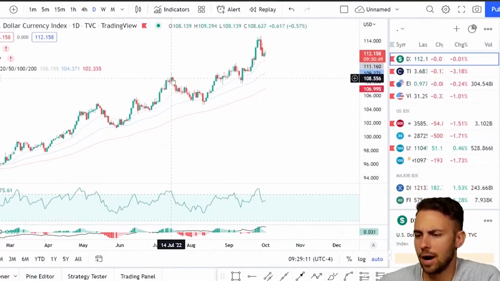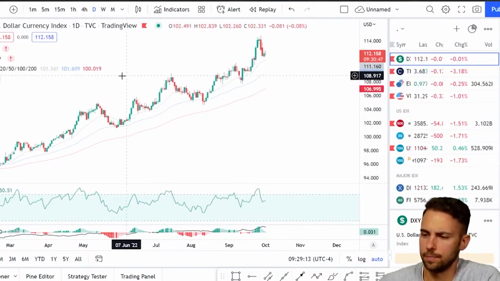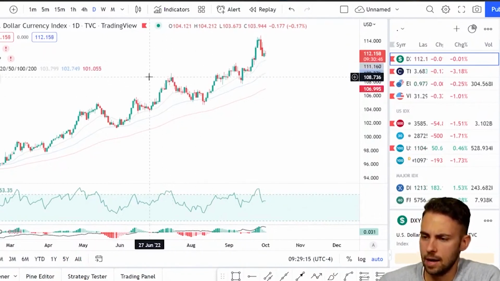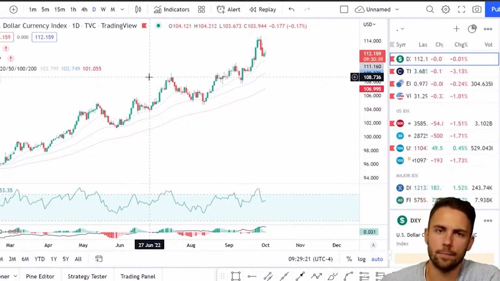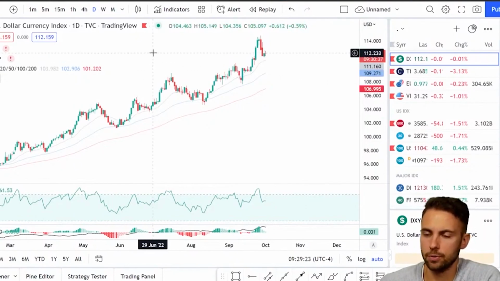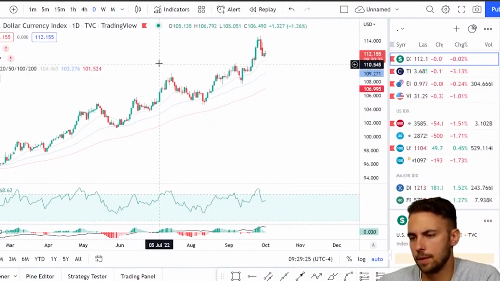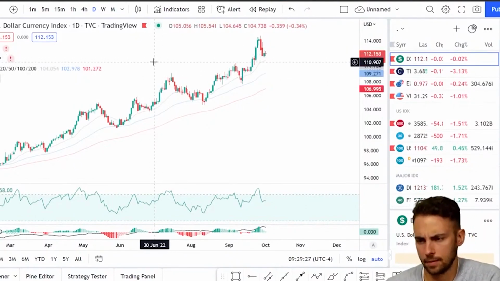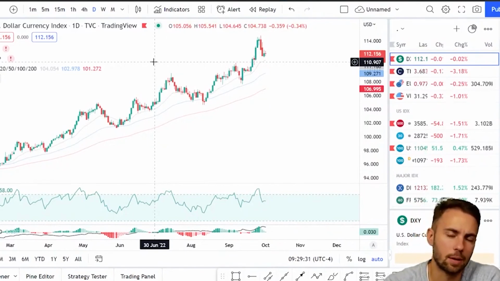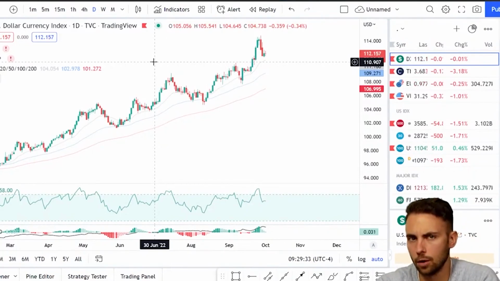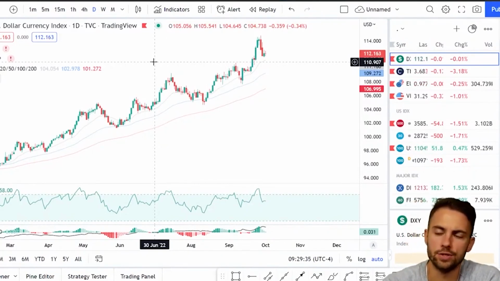Whenever the price rebounds out of an area a couple of times, we call this area or line the resistance or support. If we are bouncing off the upper side, we call this support, and from the lower side we call this resistance.